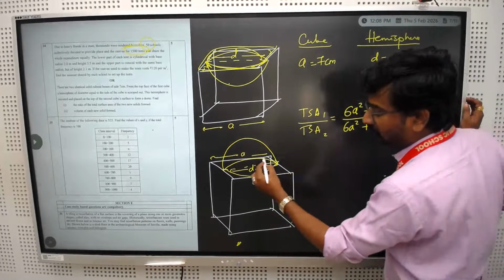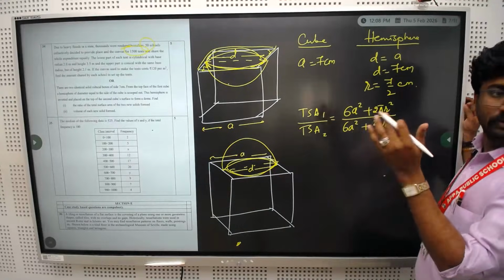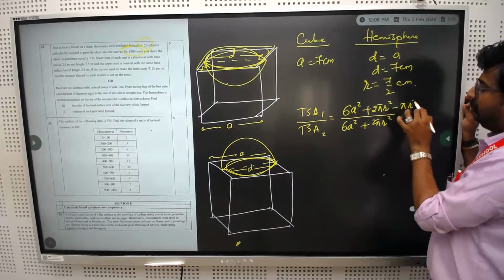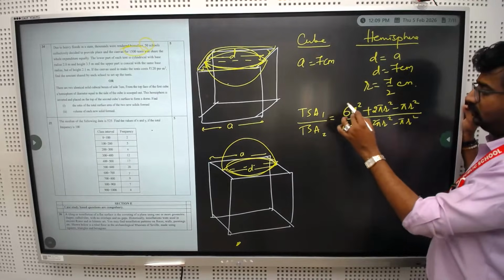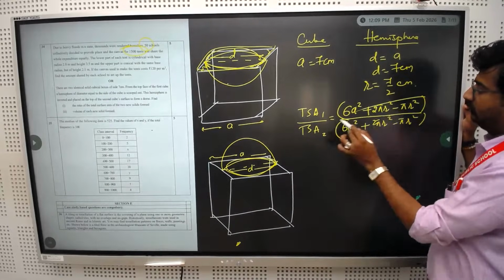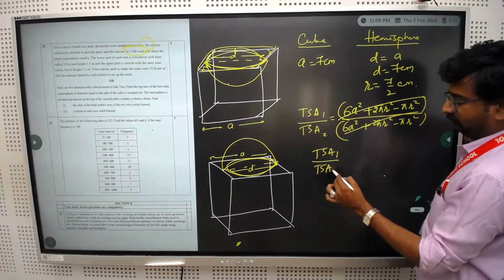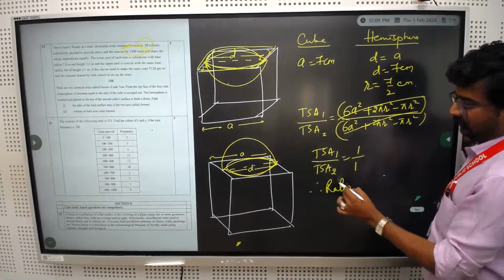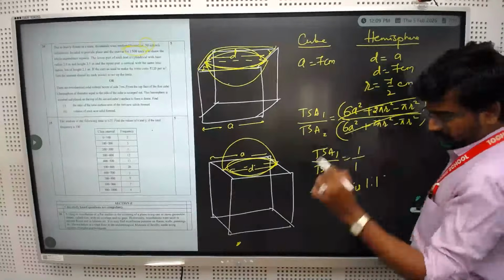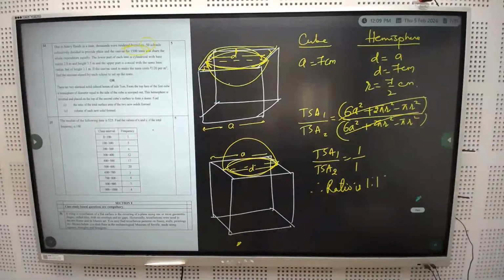But the circular part is already included on the sixth side of the cube, so we will do minus pi r square. Both are the same, no? The whole terms get cancelled. Therefore, the ratio is 1:1. It is simple. 2 marks, 1. Still 3 more are there.